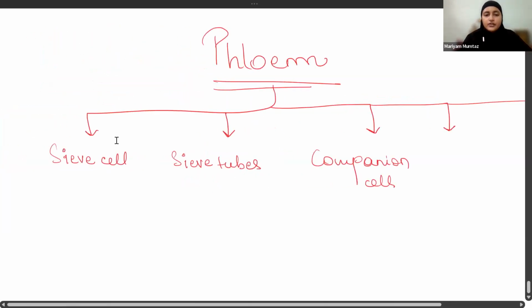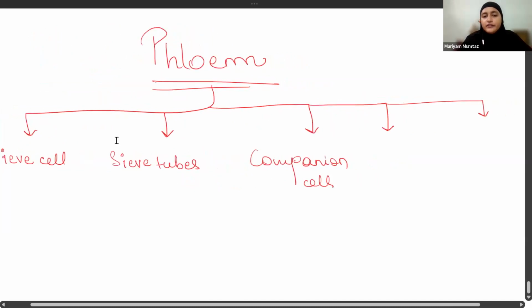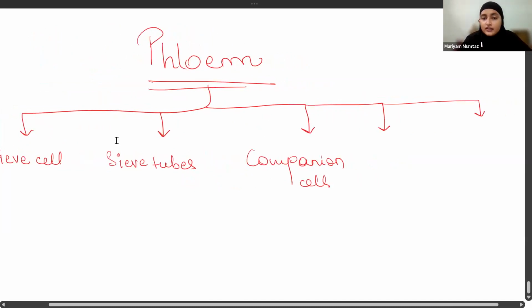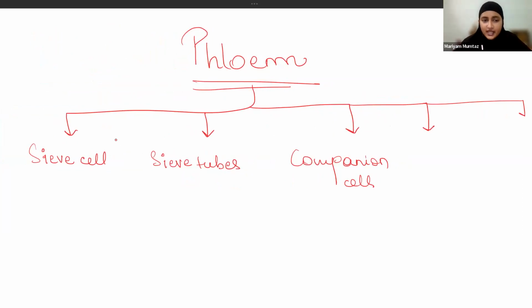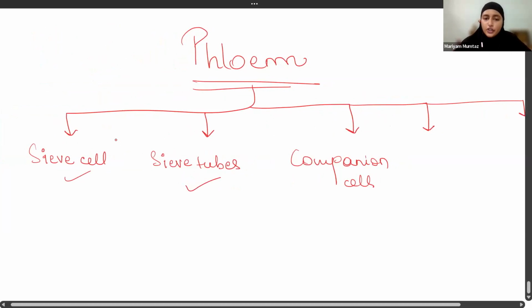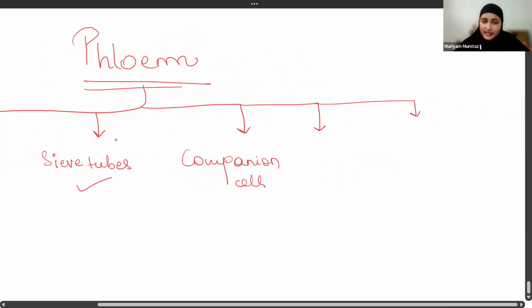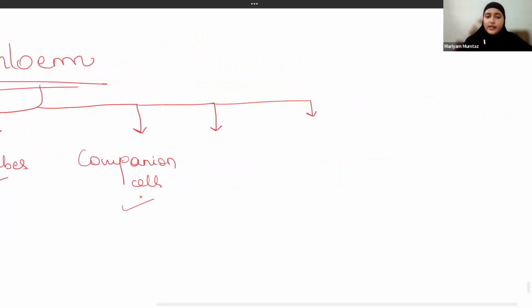Okay. So we were talking about the 5 cells which are there in the phloem. The first one was sieve cell. Then there is sieve tubes. Then there is companion cell. And finally, we have the other 2 cells: the phloem parenchyma and the phloem fibers.